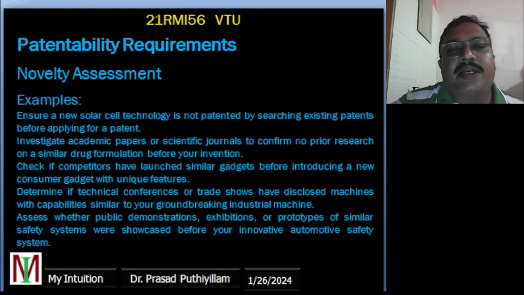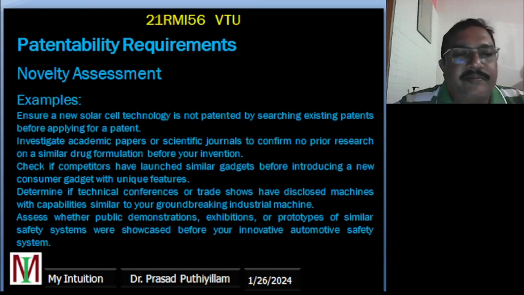Then investigate academic papers or scientific journals to confirm that no prior research or similar drug formulation exists. Check if competitors have launched a similar gadget before introducing a new consumer gadget with unique features. Conference presentations should also be avoided.